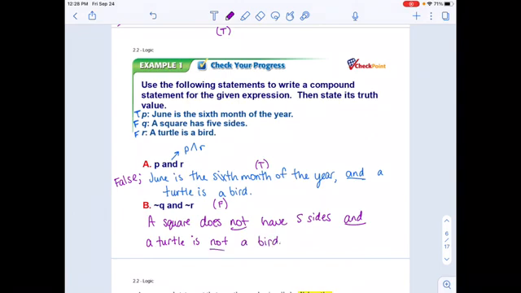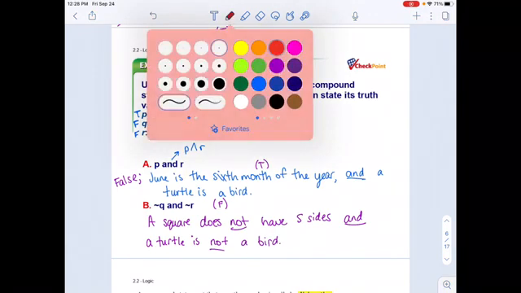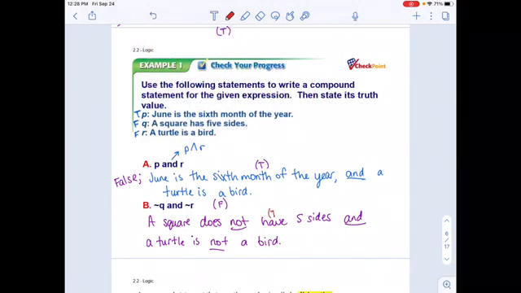So now that we've negated both of these, they were originally false, so they have become true. A square does not have 5 sides. A turtle is not a bird. So these have truth values of true, making our compound statement true.